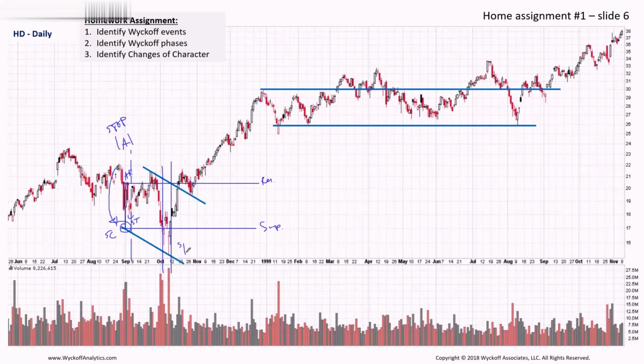Spring. Yeah, could be a spring. Obviously, it has all of those characteristics of the spring, where there is an attempt to commit and then a quick recovery. My only hesitation here is the volume signature, such a big increase in the volume.